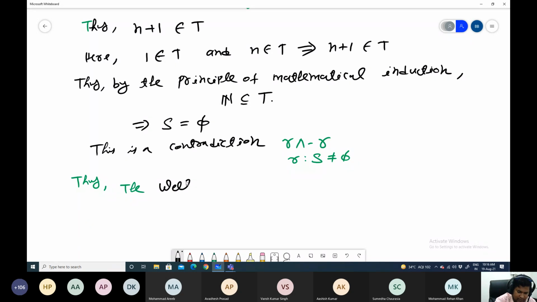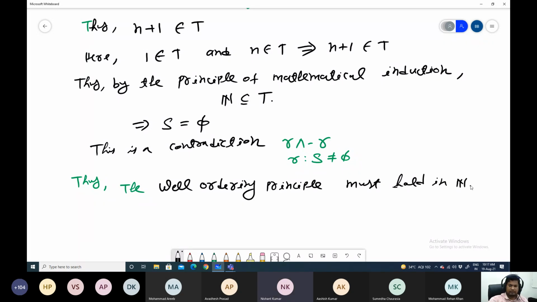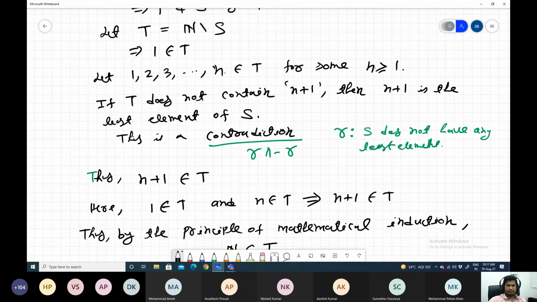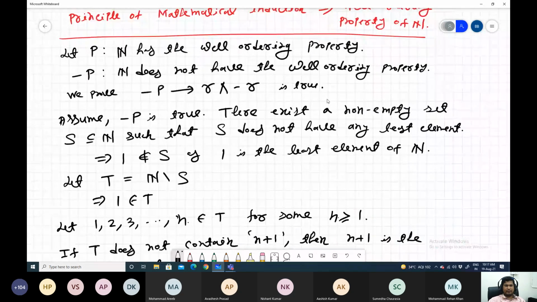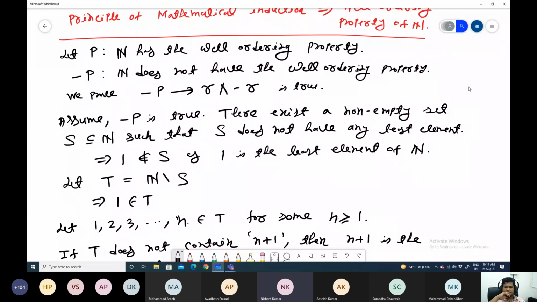Sir, am I audible? Yes. Sir, can you scroll up a little bit to the first statement, P and negation of P? One minute. Right. Sir, here, is the question what we wanted to prove, that N is a well-ordered set? N has the Eulerian principle, right? Sir, I don't understand one thing.